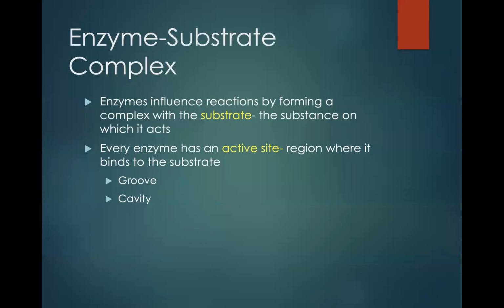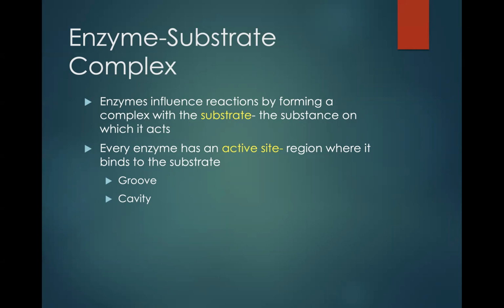Okay, so how do enzymes actually do their jobs? Enzymes must form what we call an enzyme substrate complex, right? So we know that enzymes are proteins, okay? Enzymes influence reactions by forming a complex with the substrate.